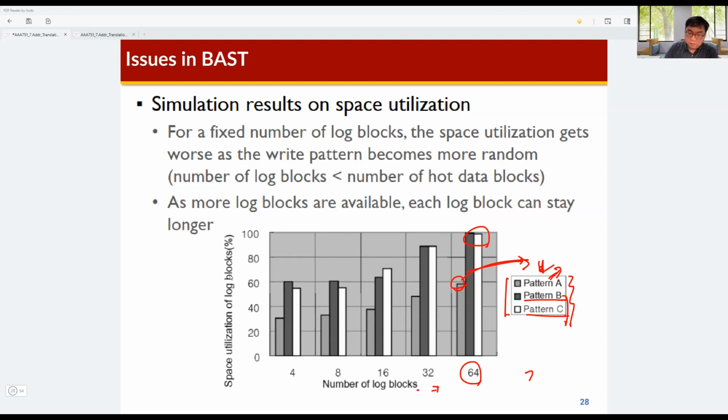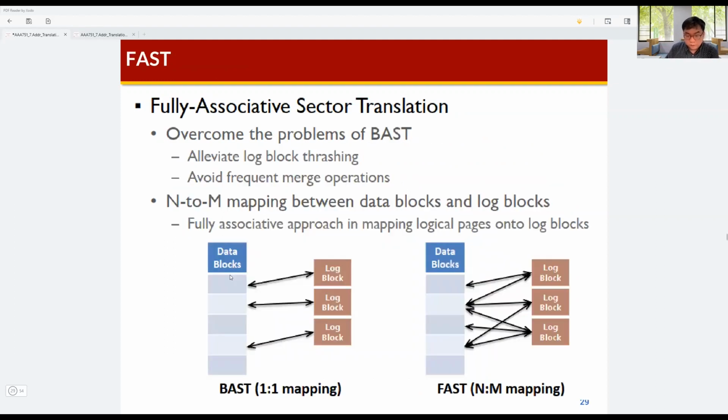That's the problem. The authors of this paper observed that the problem of the BAST is the granularity of the block association. The problem is that only one log block can be assigned to one data block.